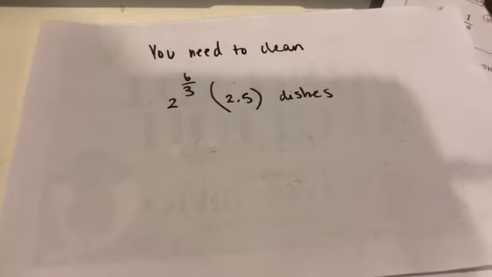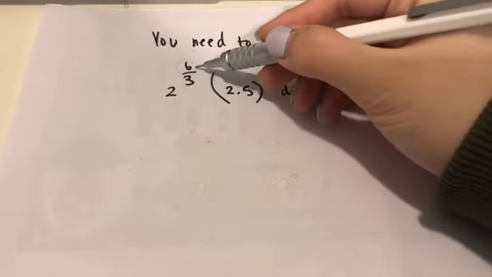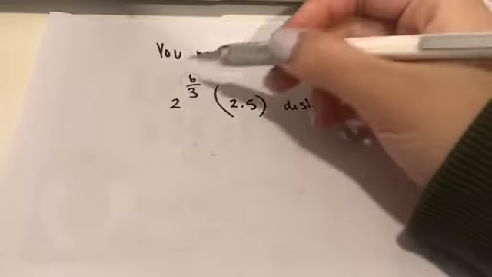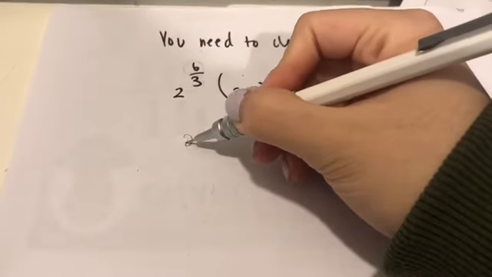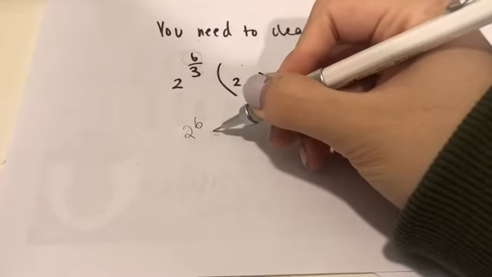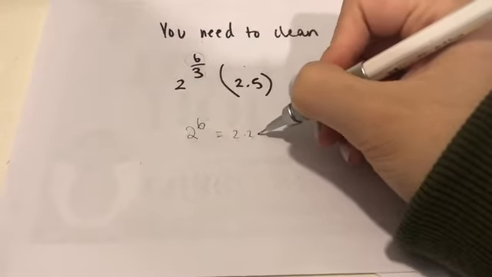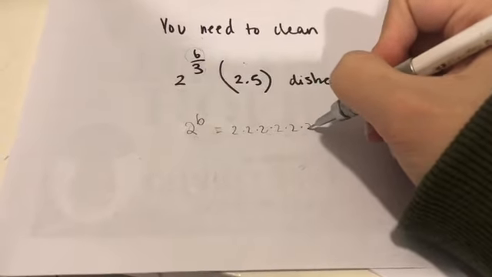This problem is a fractional exponents problem. The numerator of the fraction that the number is being raised to, a power of 2, means that the base has to be raised to that numerator, and in this case it equals 2 times 2 times 2 times 2 times 2 times 2.